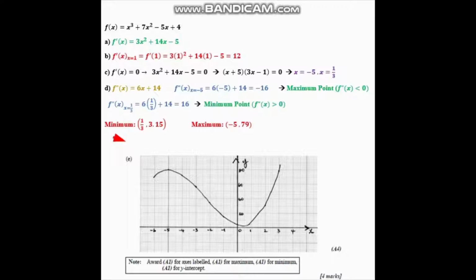Make sure that your answers are reflected in the drawing, so the maximum point exists at -5 and 79, whereas the minimum point exists at 1 over 3 on the x-axis and 3.15 on the y-axis. So there are two marks for that. And labeled axes, of course, there is a mark for that. Finally, there is a mark for the y-intercept, which is right there.